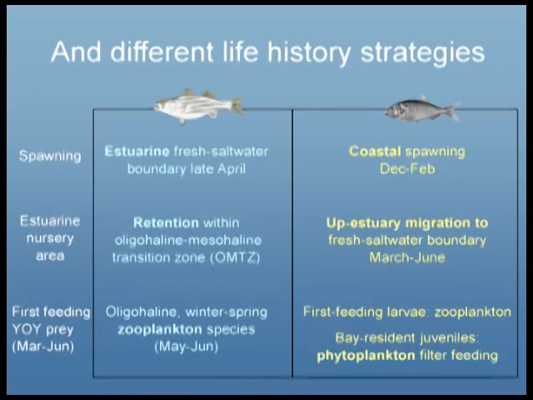And they remain filter feeders for their entire first year of life within the estuary. While the anadromous fish are actually deposited there as eggs, they're retained somehow, and they develop there. They rely in those same months from March to June upon zooplankton species.